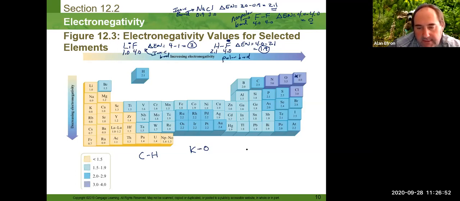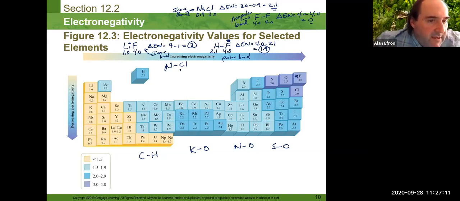Let's do nitrogen and oxygen. Let's do sulfur and oxygen. And lastly, let's do nitrogen and chlorine. All right, so take a minute or two here, use the electronegativity values, take the difference in the electronegativity values, and determine whether or not you would expect these bonds to be polar, non-polar, or ionic.